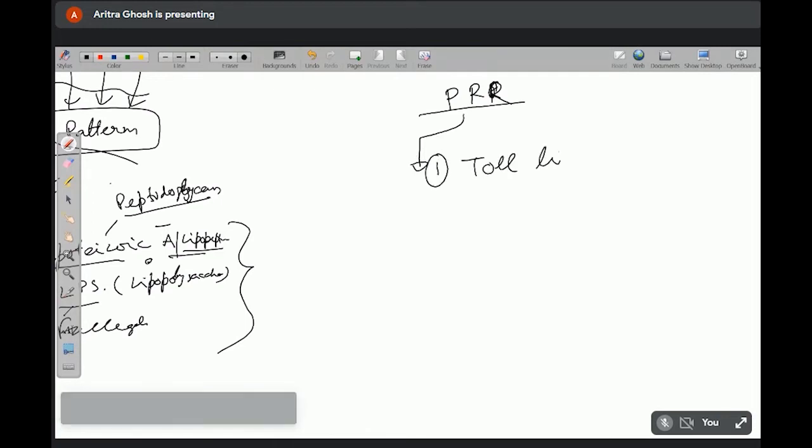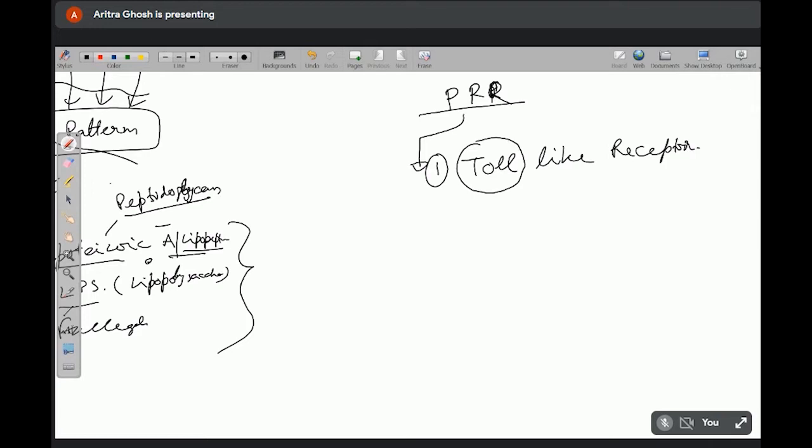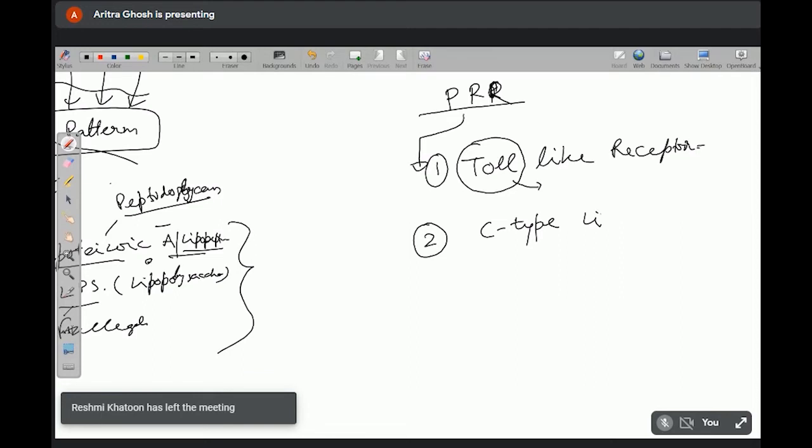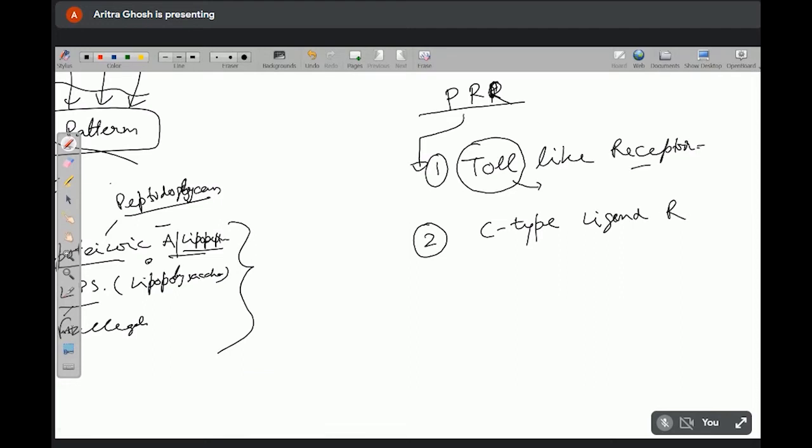NOD means nucleotide oligomerization domain. So these are the four. Let me repeat: we already know that there are pathogen associated molecular patterns. These are the patterns.